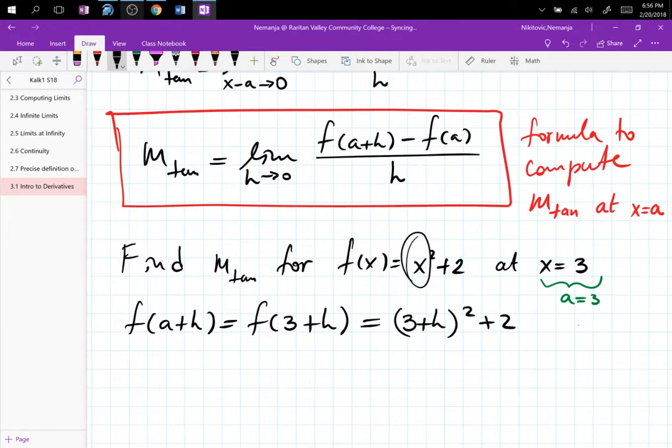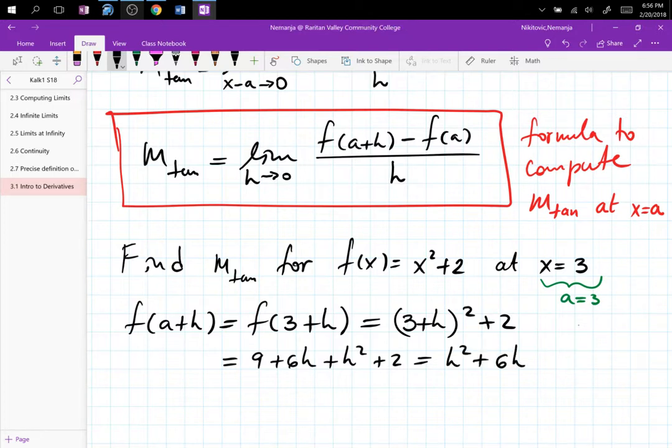The only x that I have is the one that is squared. So that's 3 plus h squared, and then I'm going to do algebra now. So 9 plus 6h plus h squared plus 2 is h squared plus 6h plus 11.